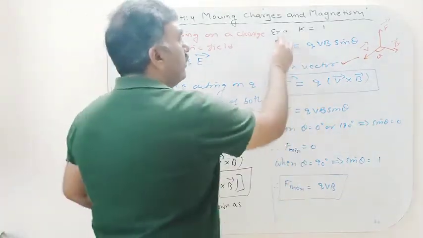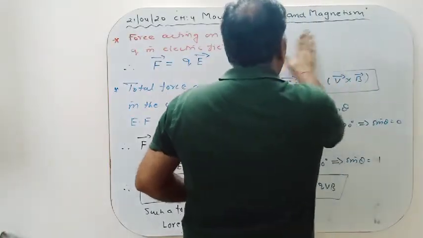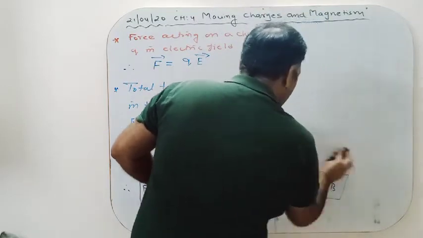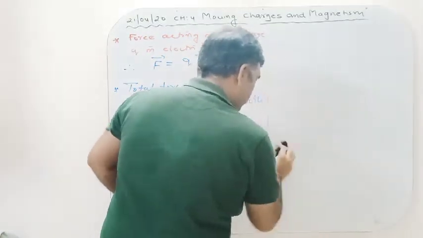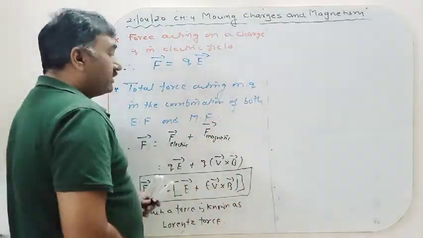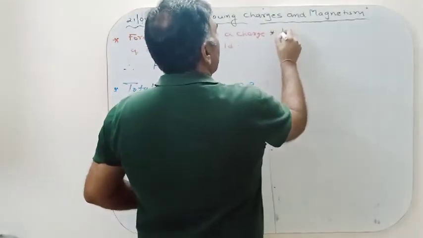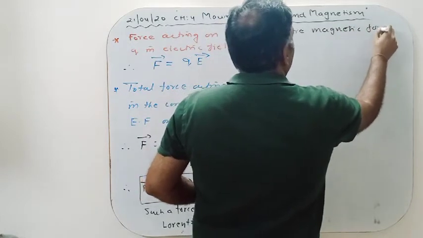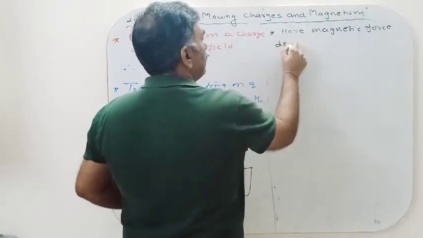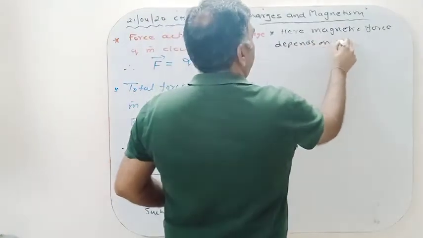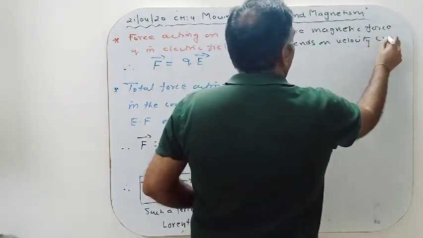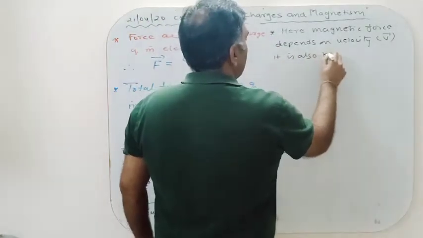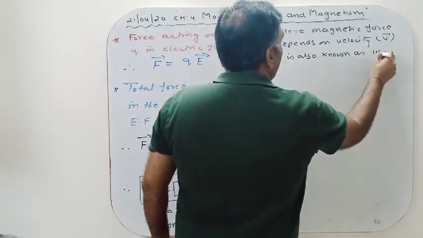Here the magnetic force is perpendicular to the velocity and depends on the velocity vector v. It is also known as a velocity dependent force.